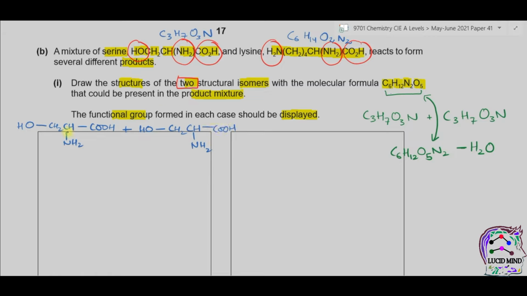Now what can happen is that as we have different functional groups, OH functional group from one molecule can react with carboxylic acid functional group from other molecule to form ester. Or we can also say that carboxylic acid group from one molecule can react with NH2 group of second molecule to form amide. In both cases, water molecules will be released and molecular formula of the product would be this one.